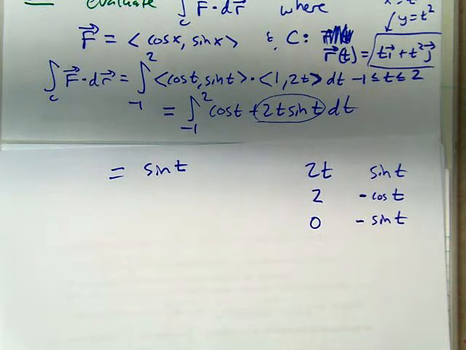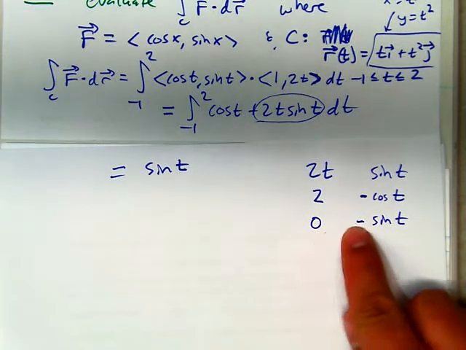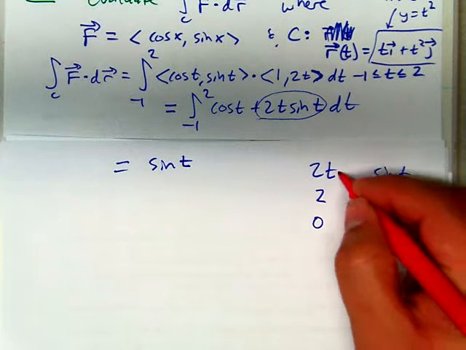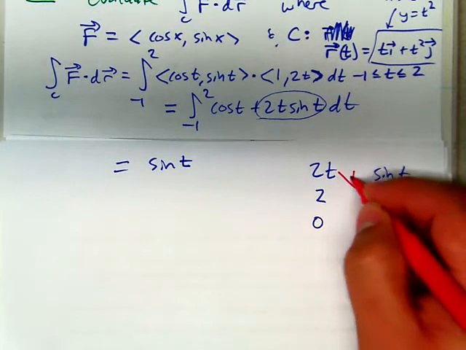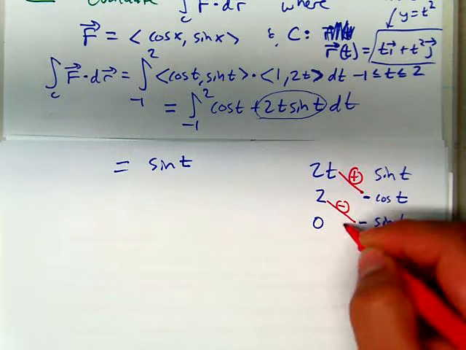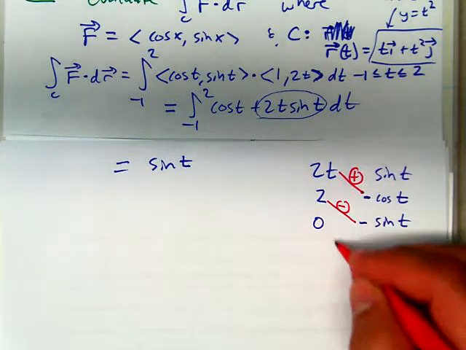You stop when you reach the row that has 0 in it. The way this works, you take this product and you add, you take the next product and you subtract, and if there were more, you just keep alternating, plus, minus, plus, minus.